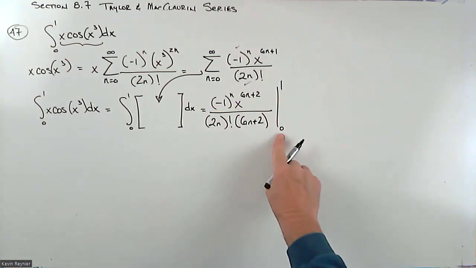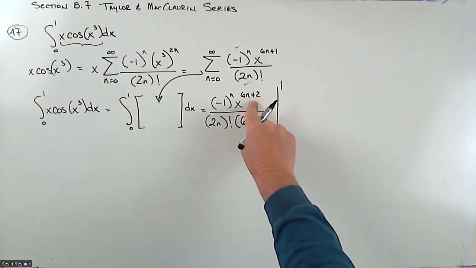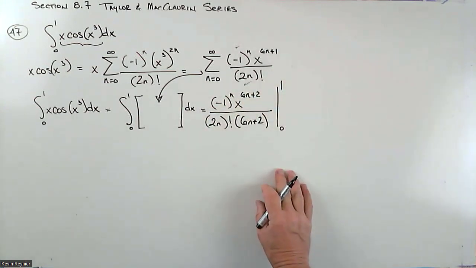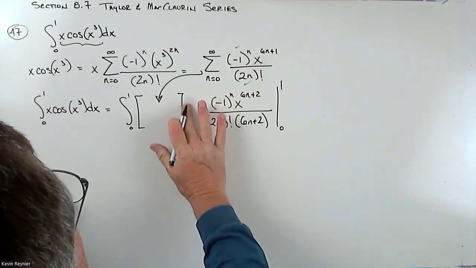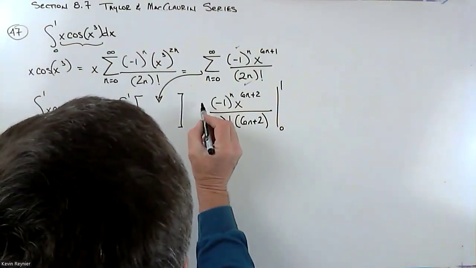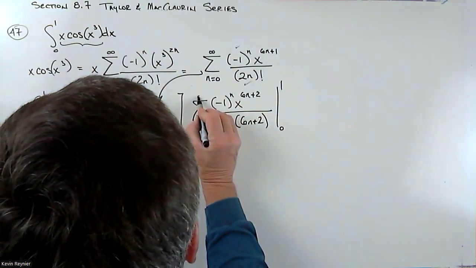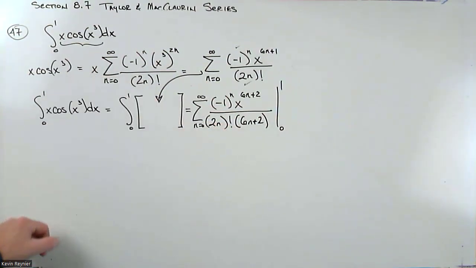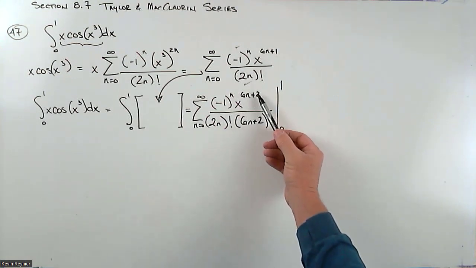Well, when you put a 0 in here, all these terms disappear, right? I forgot the sigma. All these terms disappear when x is 0, because this is 0 to the 6n plus 2.